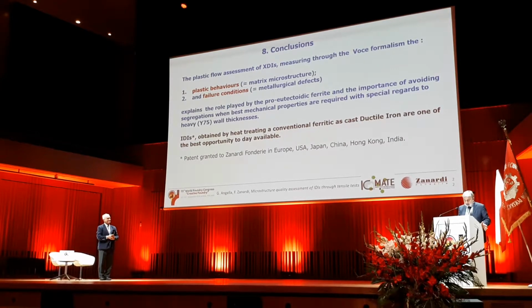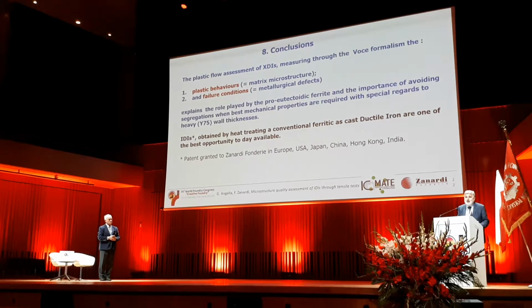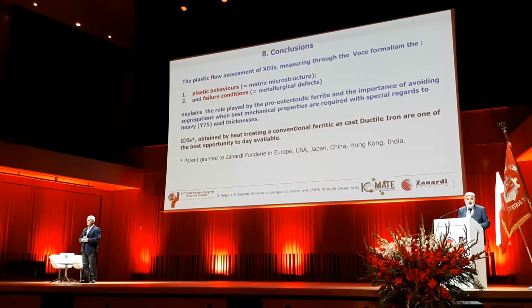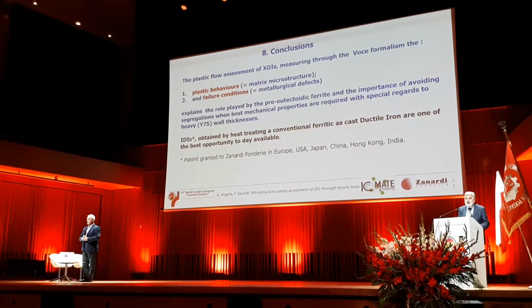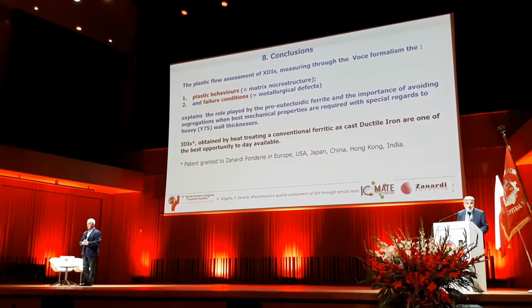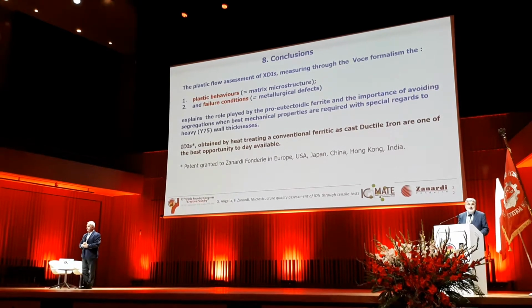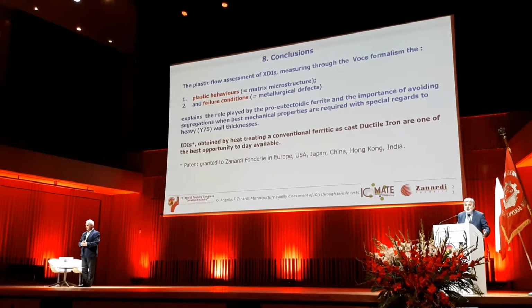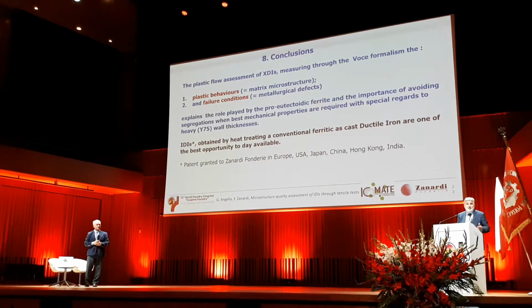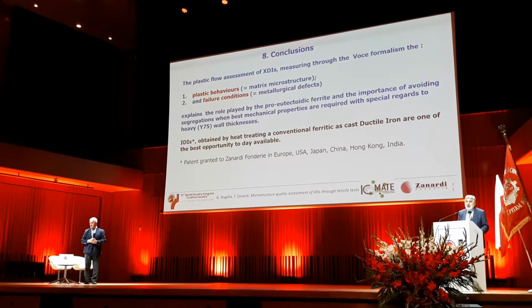That's all. Okay, this material obtained, I was surprised, very easily granted patents in Europe, United States, China, Japan, India, and Hong Kong. And we are open to discuss with end users and foundries the possibility of a cooperation license for the diffusion of this material in the world.